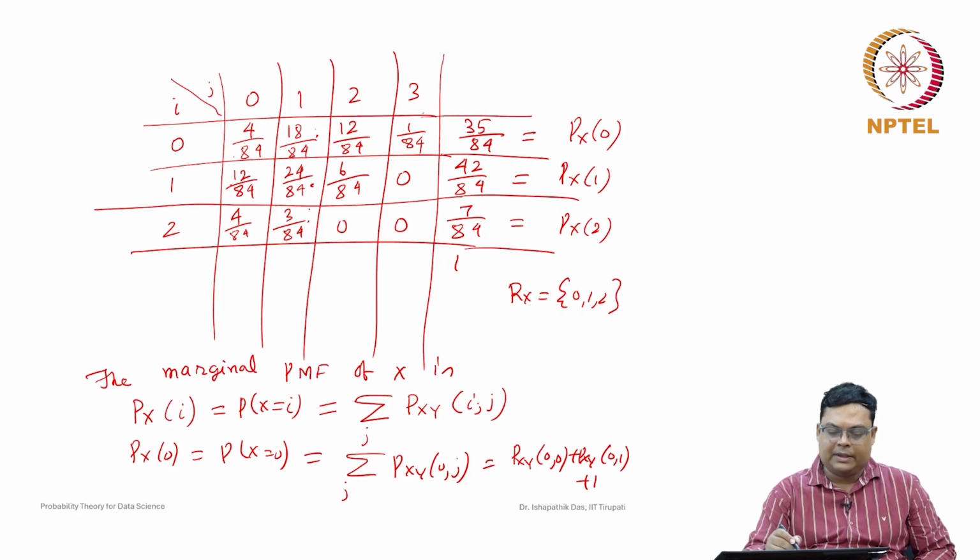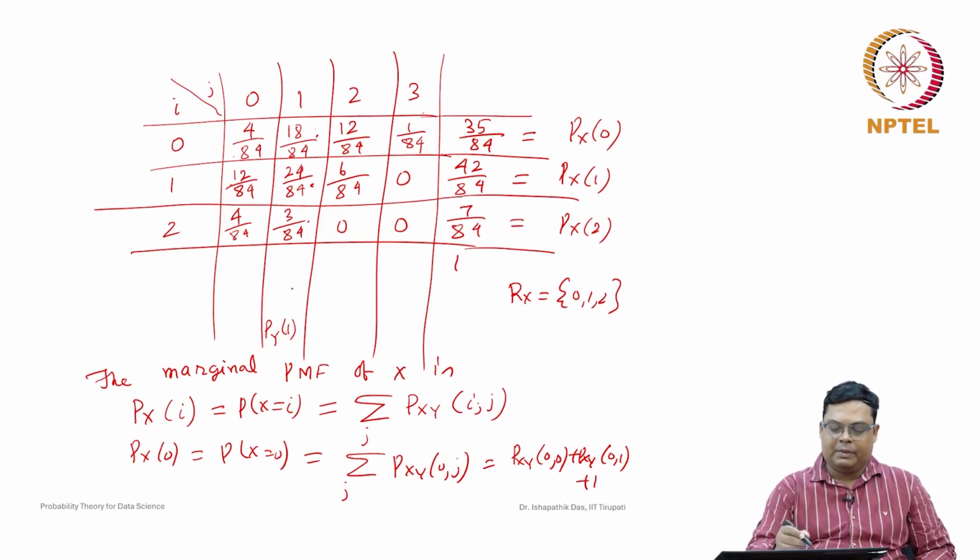Because we are fixing the 1 here, this is the sum of column 1. So this is nothing but p_Y of 1. Similarly, if you fix 0, then the column sum is nothing but p_Y of 0.